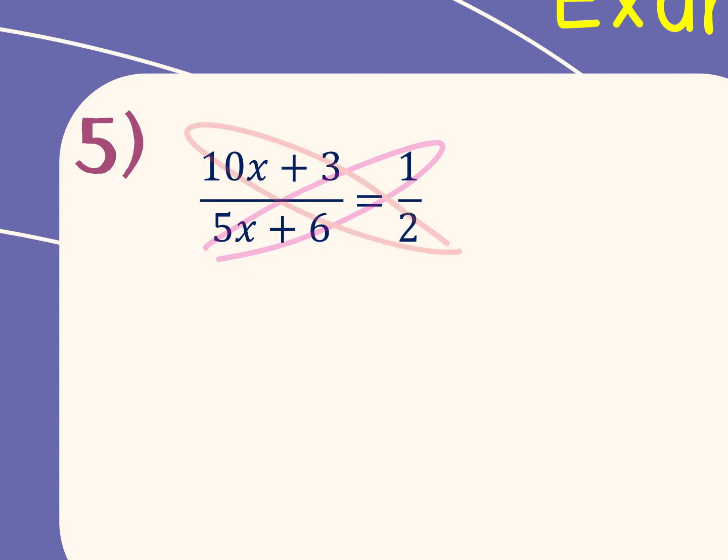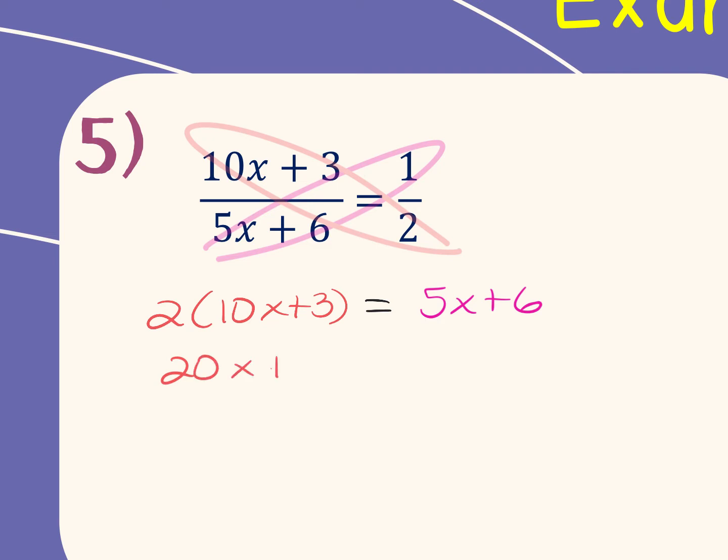So when I set this up, it's going to end up being 2, this diagonal, 2 times 10x plus 3 equals the pink diagonal, 5x plus 6. So I'm going to distribute. I get 20x plus 6 equals 5x plus 6.